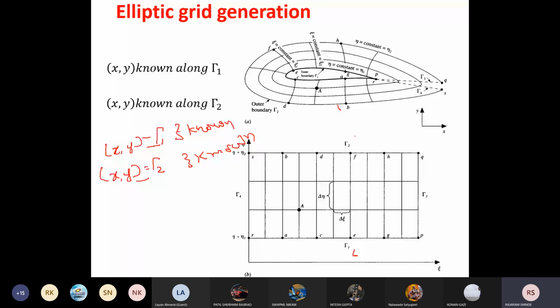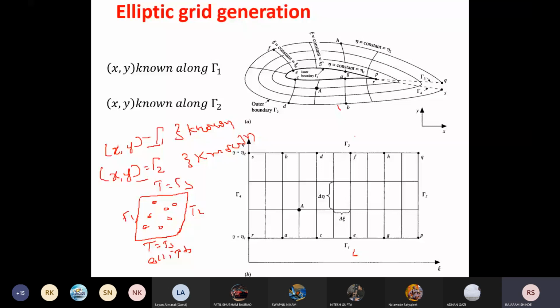You have to find the interior temperatures. If these boundary conditions are known, you can find the interior by using an elliptic partial differential equation. Thus the transformation is suitable. Here is an elliptic partial differential equation. The simplest case of an elliptic equation is the Laplace equation.